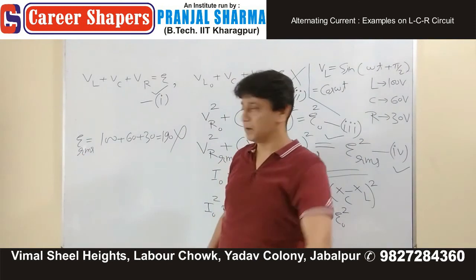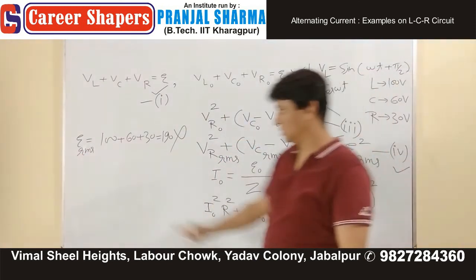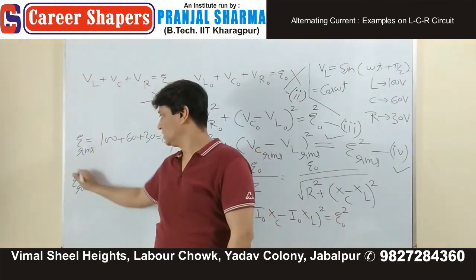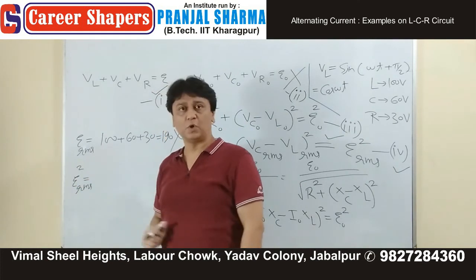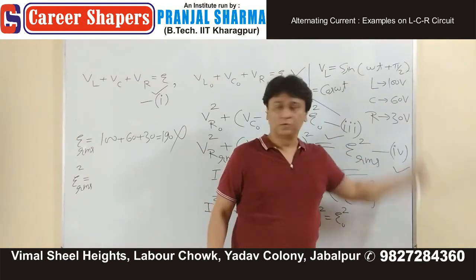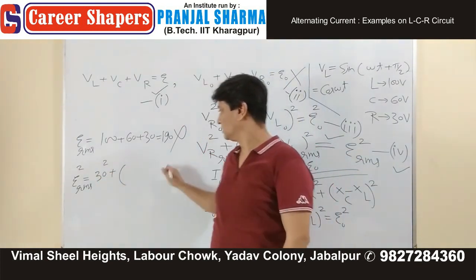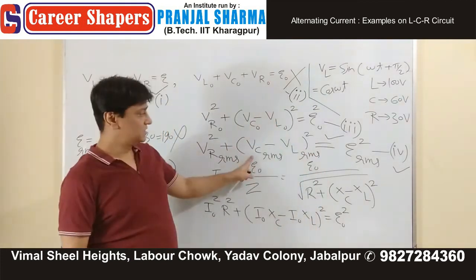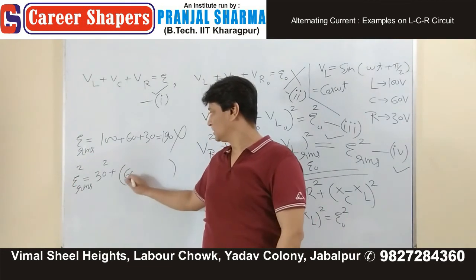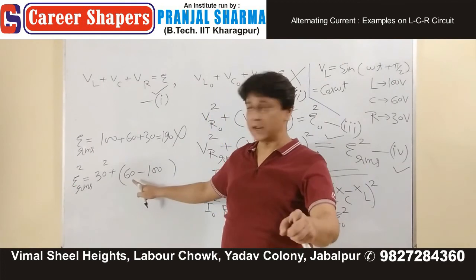So how do you find RMS? For RMS, you have to use this relation. E RMS square is VR RMS, 30 square, plus VC minus VL, 60 minus 100. You're not squaring 60 and 100 separately.